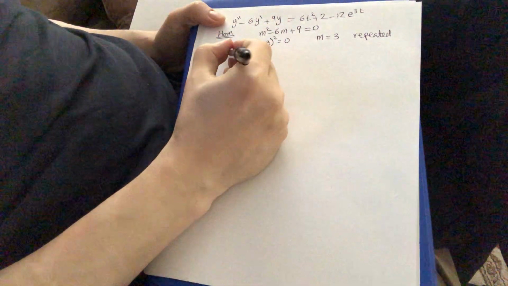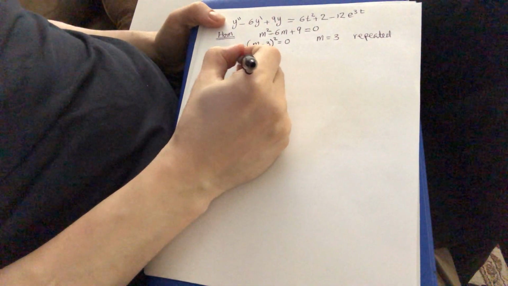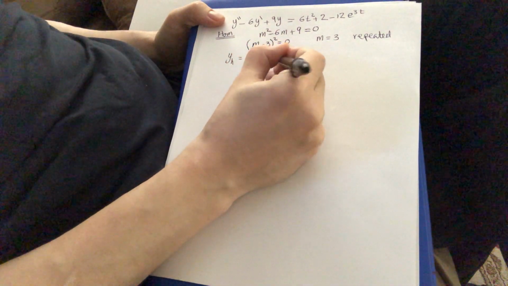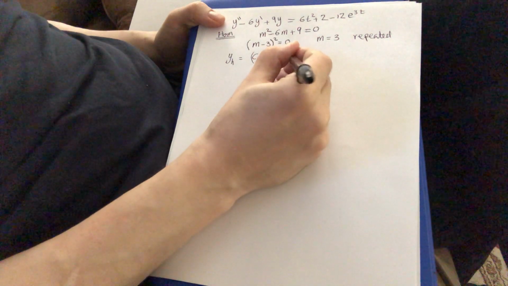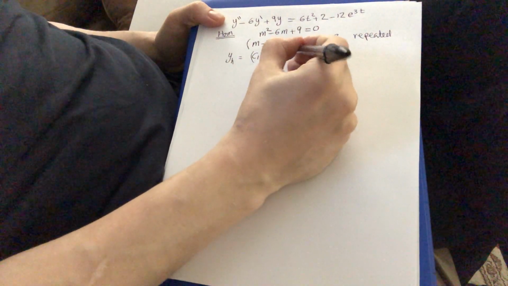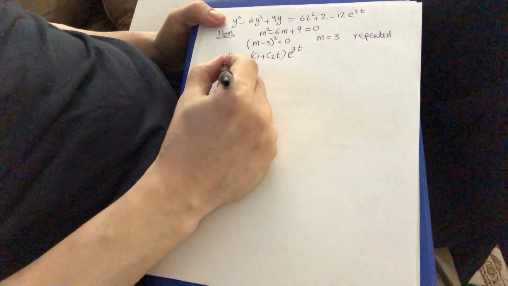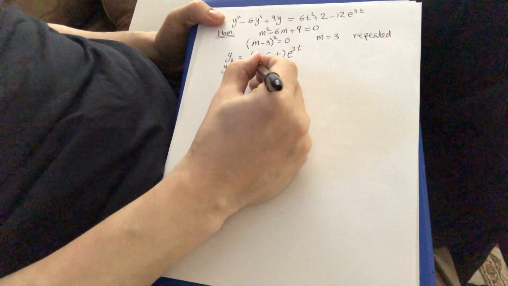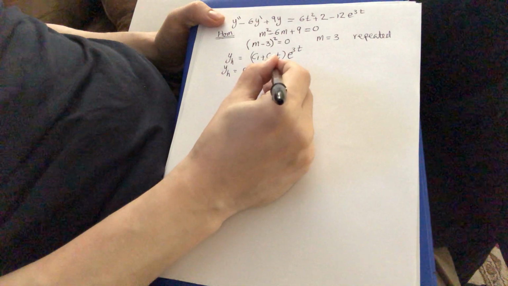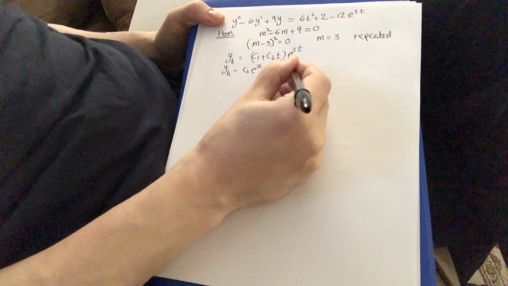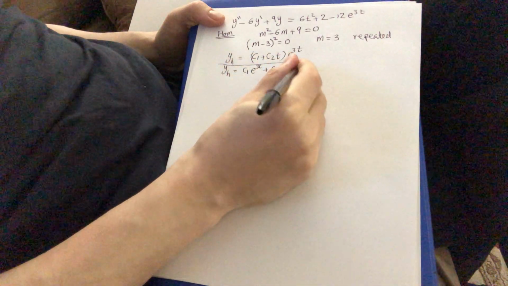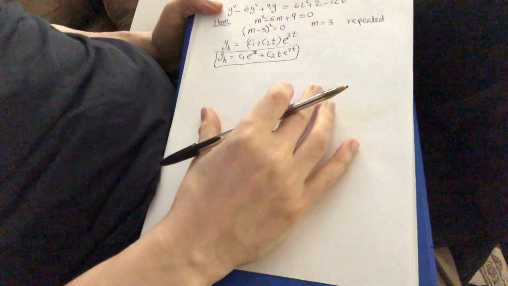When the answer is repeated, the homogeneous would look like this: C1 plus C2t, e to the answer t. So your homogeneous in this case would be C1e to the 3t plus C2te to the 3t. This here is your homogeneous.